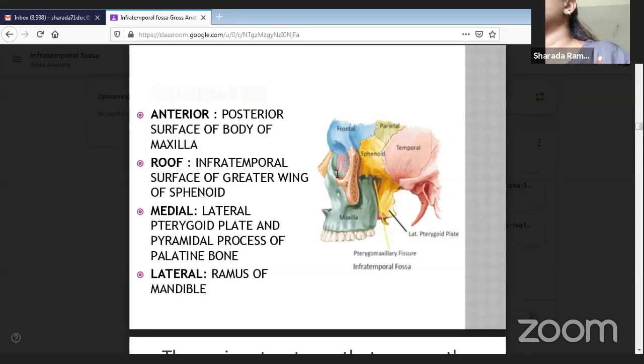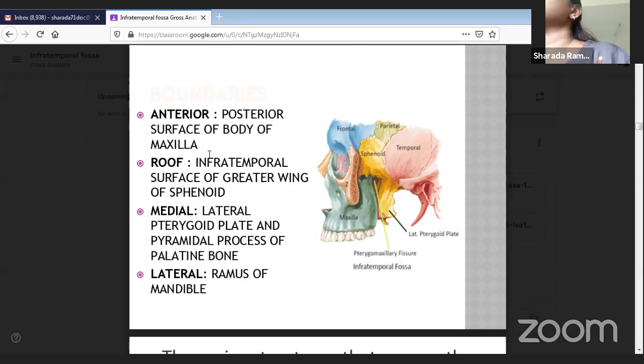Now, it is going to have a roof above. It is going to be anteriorly related to the maxilla. Posteriorly, you can see that the styloid process is present. Of course, the tympanic part of the ear, the external auditory meatus, you can see. So these things are going to be a little complicated. The whole thing is covered laterally by the ramus of the mandible.